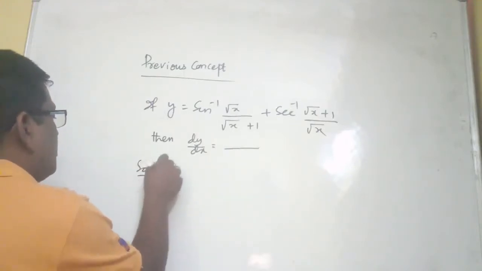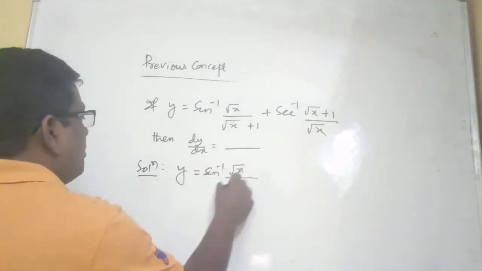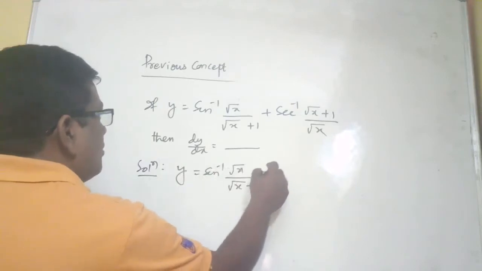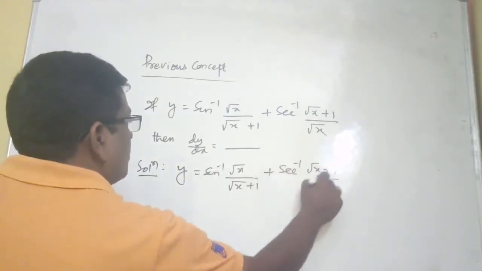Solution: y is equal to sin inverse root x divided by root x plus 1 plus sec inverse root x plus 1 by root x.